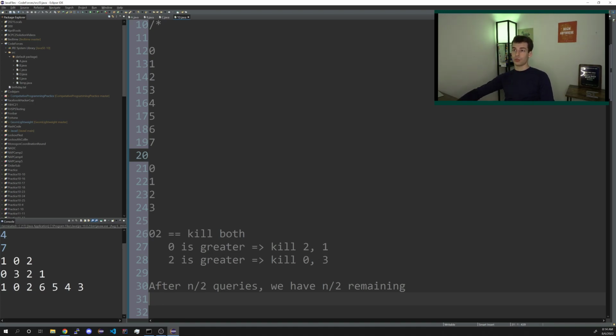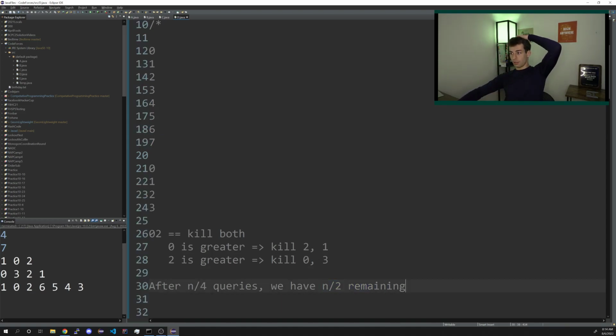So we have 6 queries, right? We take 4 queries. Oh wait, it's n over 4 queries even. Over n over 4 queries, we have n over 2 remaining. Okay, and now we have a tournament with n over 2 things.